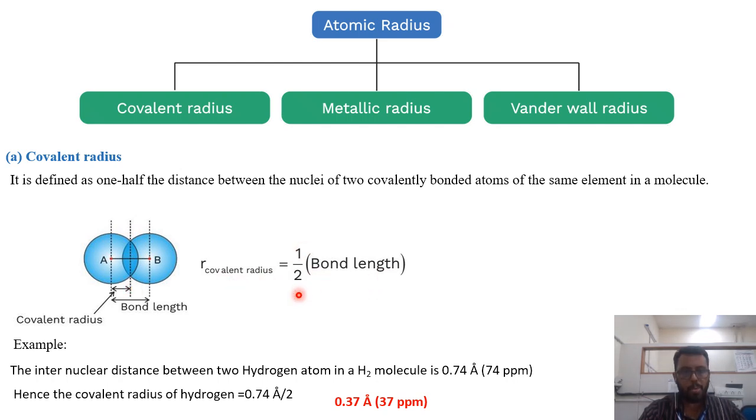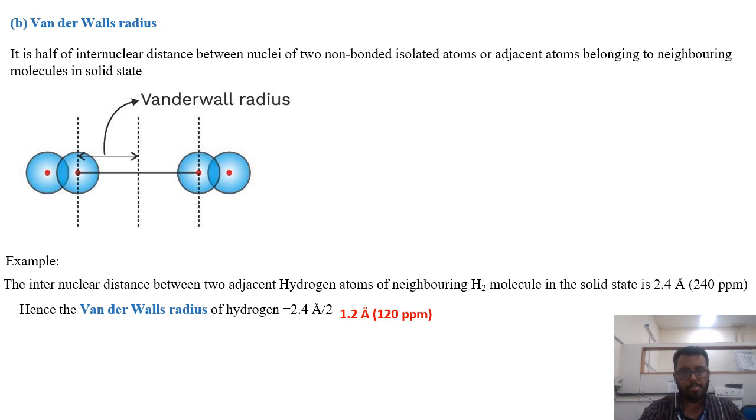The internuclear distance between two hydrogen atoms in the hydrogen molecule is 0.74 Angstrom. So this is the internuclear distance, which is the bond length. Half of this will be the covalent radius, 0.37 Angstrom or 37 picometers.